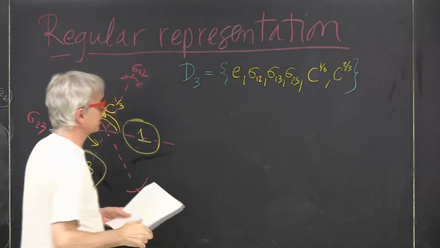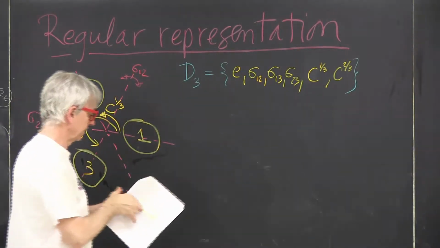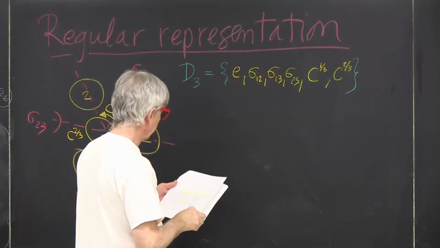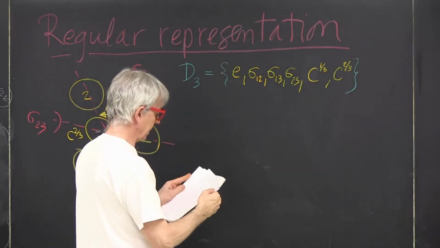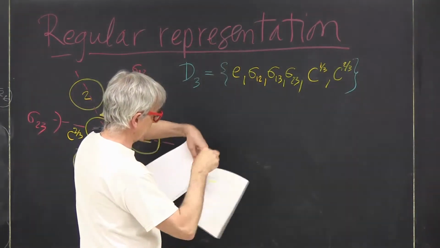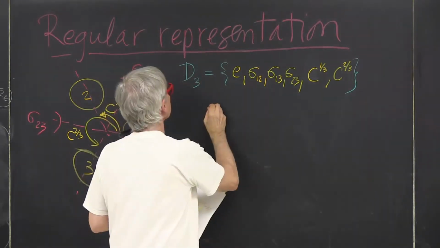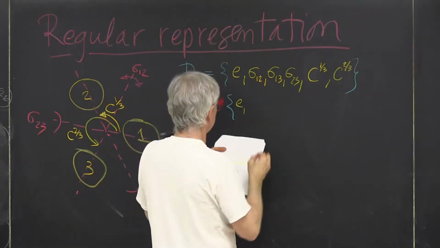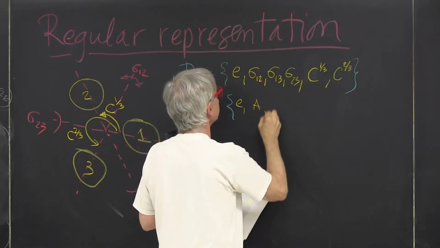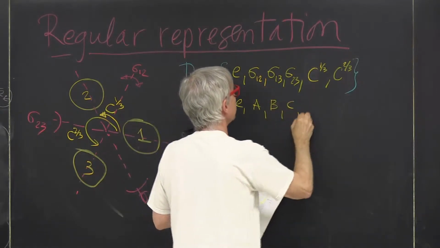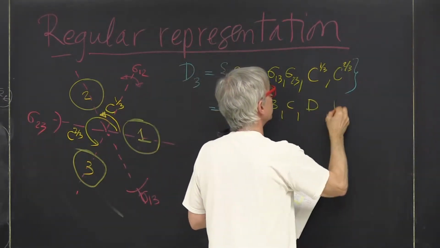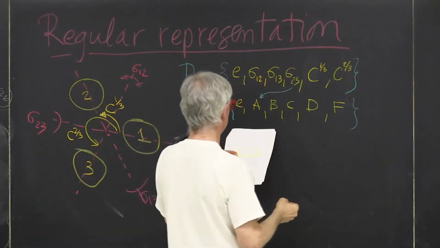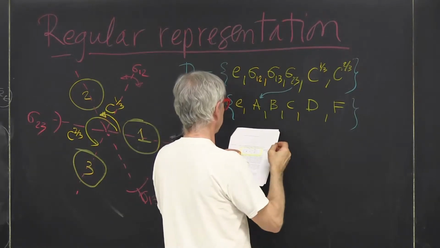But there are other notations which are more useful for this finite group, which are less tedious. So let me relabel these things and give them names which will be more convenient in what follows. So let's call them identity, A, B, C, D, and F. This is sigma 1,2,3 in my particular notation.